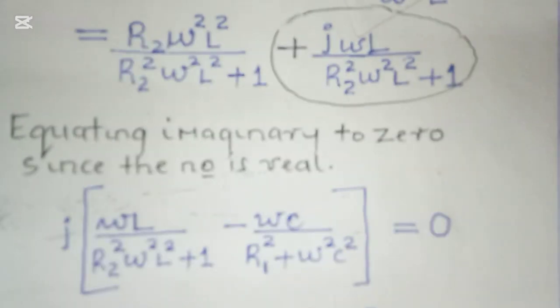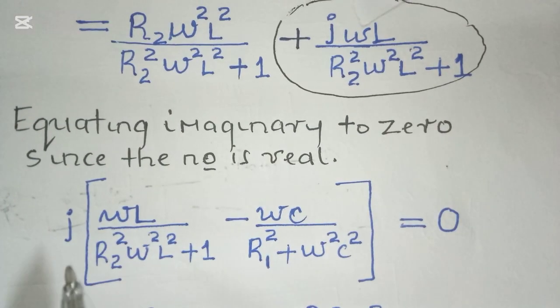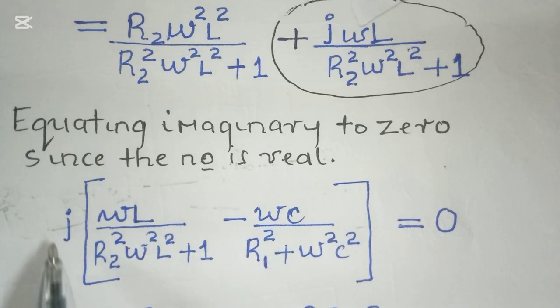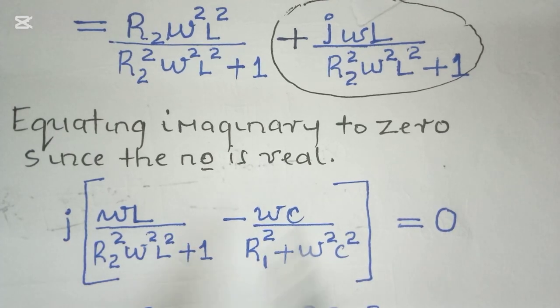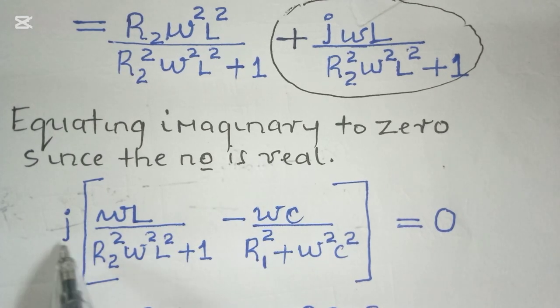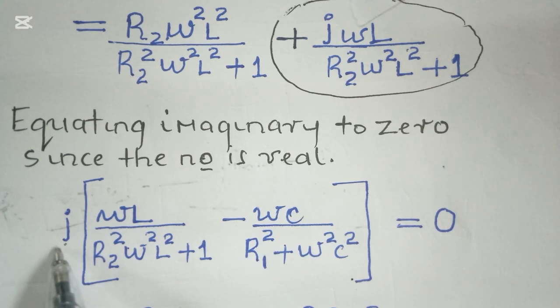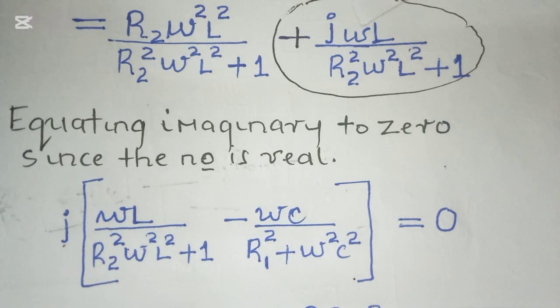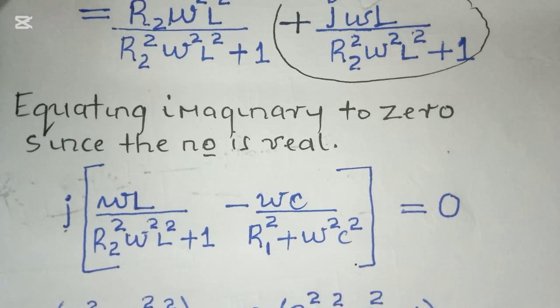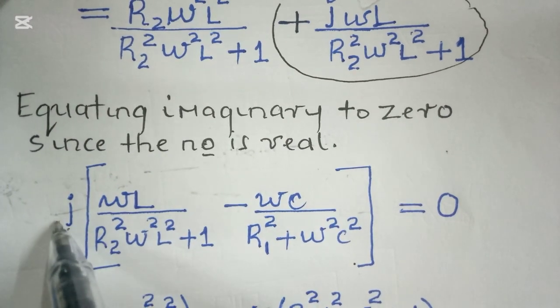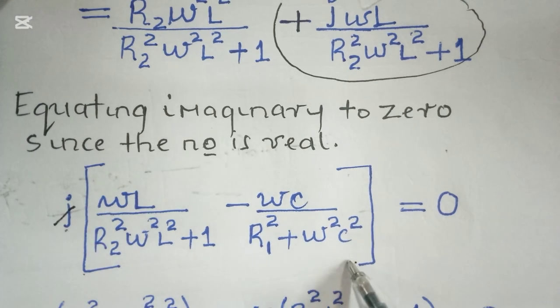Now after equating to 0, I can factor out j. And so we say either j is 0 or this is 0. So we can now remove j. Now we are left with only this equation. We can actually cancel that, and this is what we are left with.